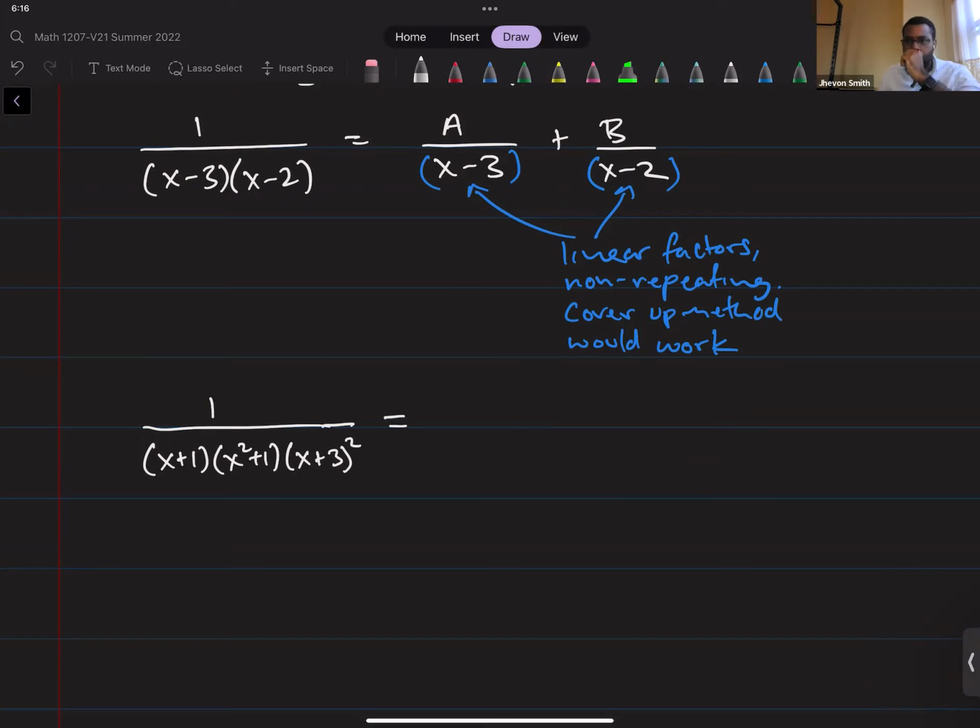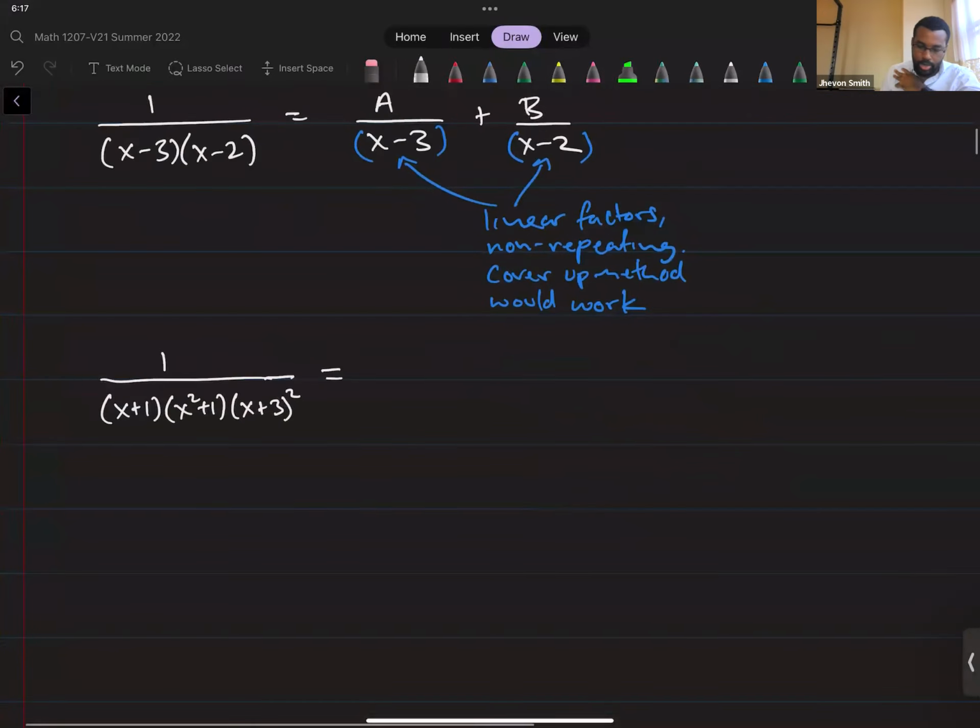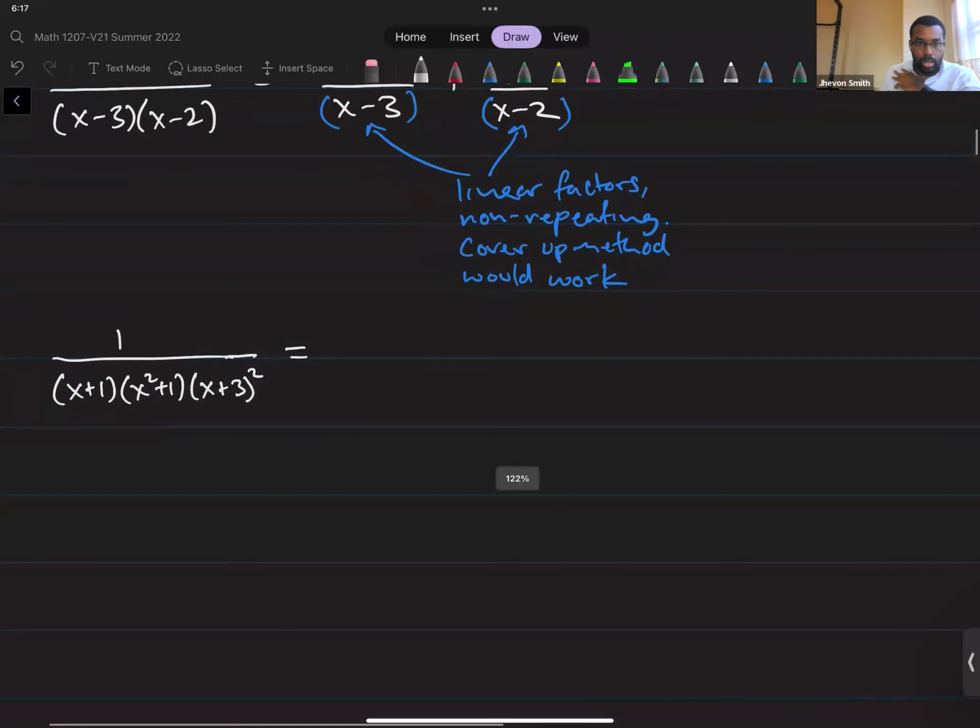Just to jog your memory, someone tell me how this would break down using our partial fractions method.